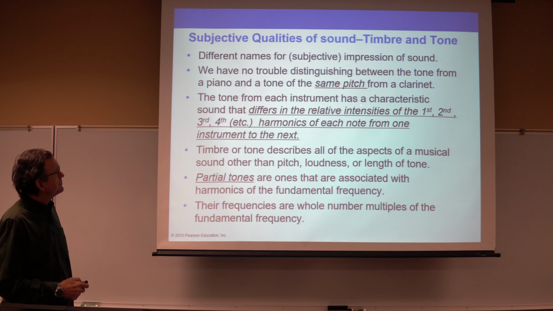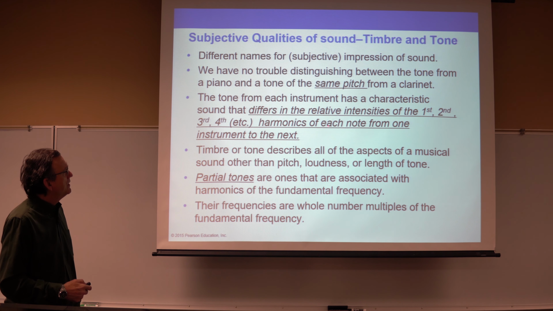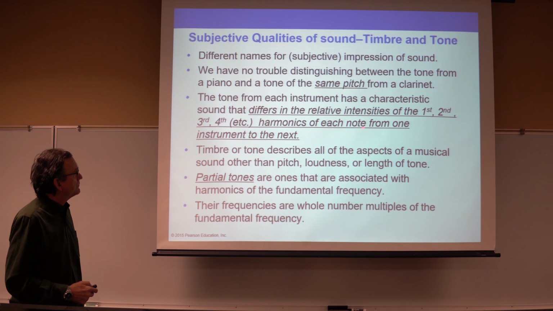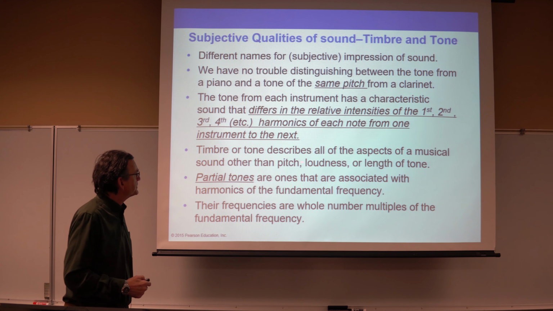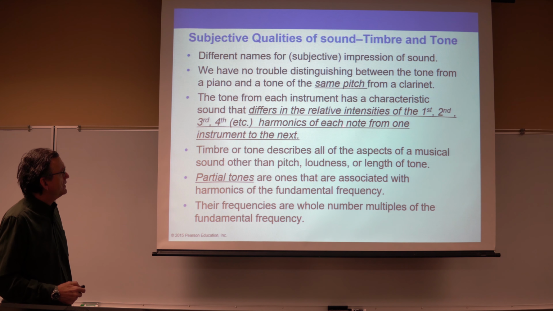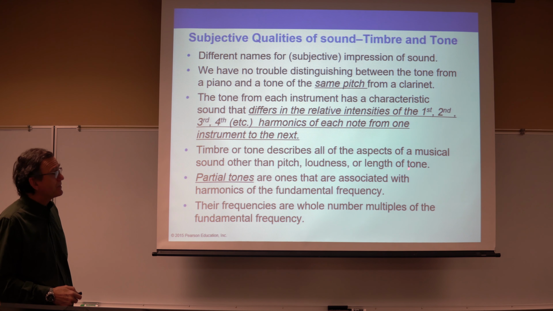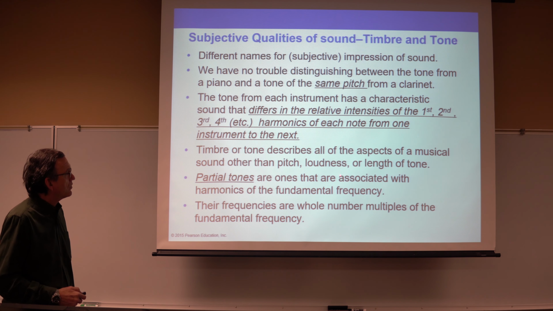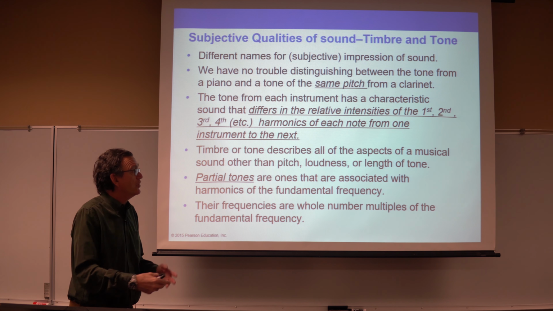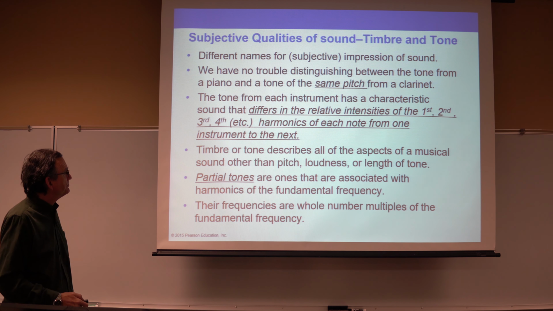Now, the tone of each instrument has a characteristic sound that differs in the relative intensities of the first, second, third, fourth, fifth, sixth, all the way up harmonics of each note from one instrument to the next. And by each note, I mean in each fundamental frequency. So the timbre or tone describes all the aspects of a musical sound other than pitch, loudness, or how long we leave the note lasting on our instrument.